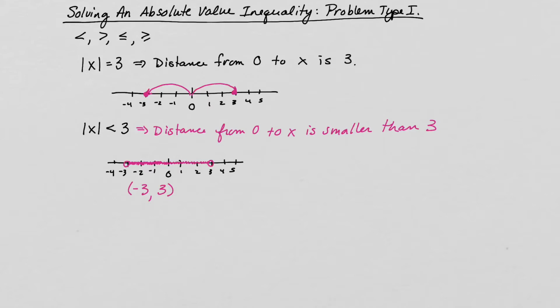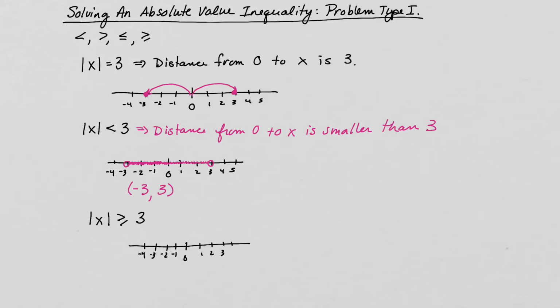And we could do a similar thing if we were talking about greater than. So let's say I looked at the absolute value of x is greater than or equal to 3. So again, if here's 0, and I'll put a couple marks here, -1, -2, -3, -4, 1, 2, 3, 4.